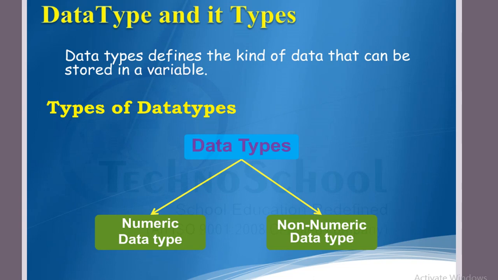Similarly, in Visual Basic, we are going to deal with this kind of data. Visual Basic divides data into different types. That is two things: one is numeric data type and the second one is non-numeric data type.